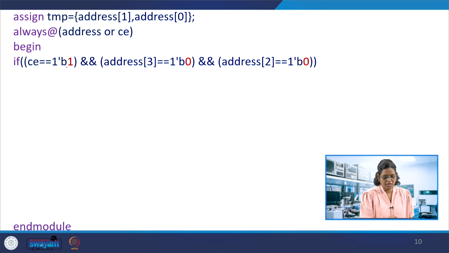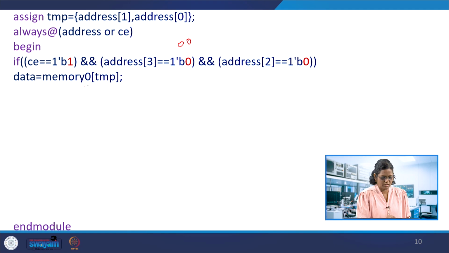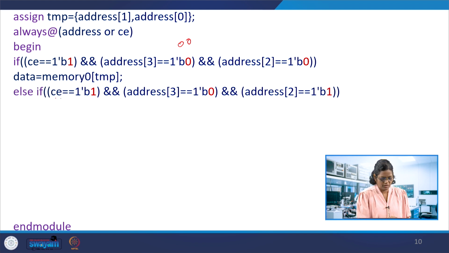So if chip enable is 1 and the address is 0 0, this is the first memory. If this is true, then assign data from memory 0 through temp. The ternary operator is very simple, as in the continuous assign. The else condition is not given over here, and that would be fulfilled.